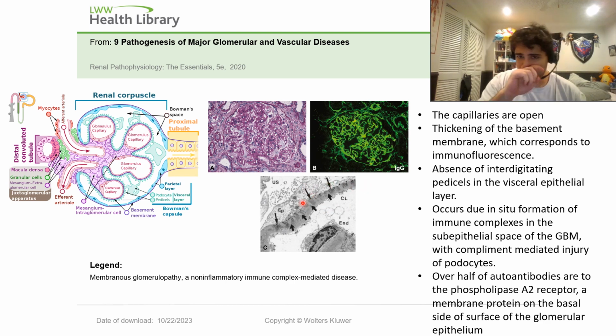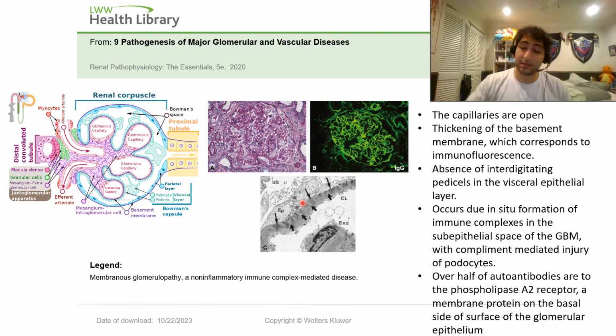All this is happening because of on-site formation of immune complexes in the subepithelial space of the glomerular basement membrane. Some say there's a circulating antigen and it gets deposited. Some say that it's the phospholipase. Over half of autoantibodies in these patients are to the phospholipase A2 receptor of the glomerular epithelium. So it can happen in situ.